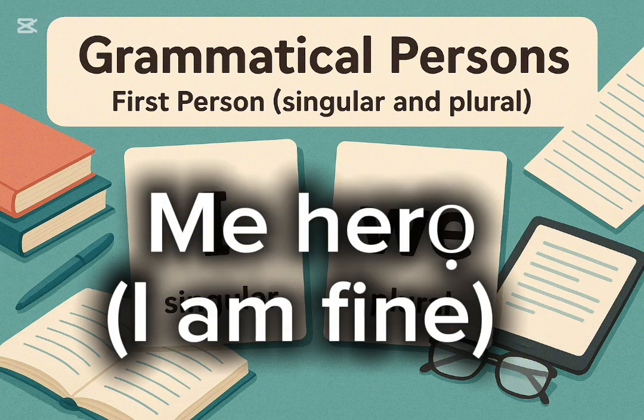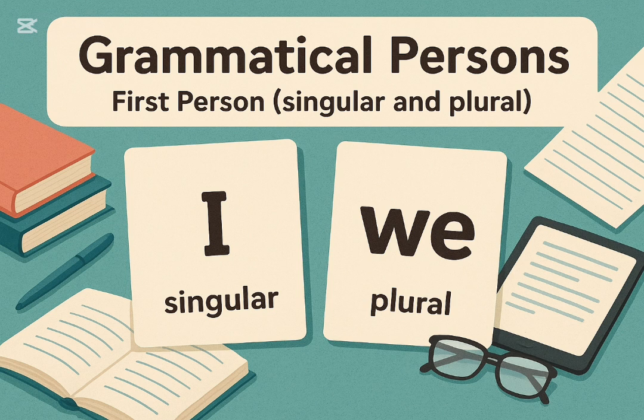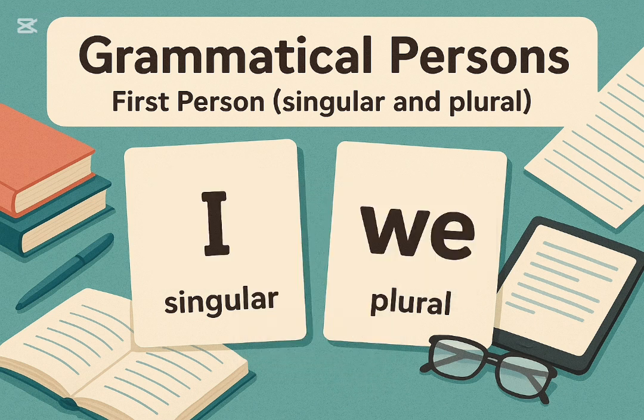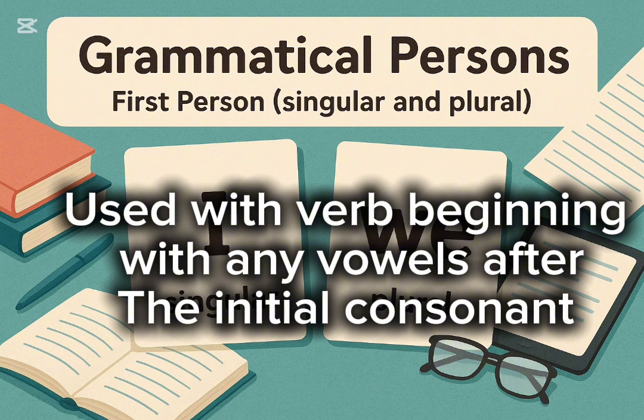The other first person singular pronoun that we are going to consider is mẹvwẹ and mẹ. Both mẹvwẹ and mẹ are the same. Mẹ is the short form of mẹvwẹ, which is used casually. Unlike mi and me that we considered earlier, mẹvwẹ and mẹ can be used with any verb.